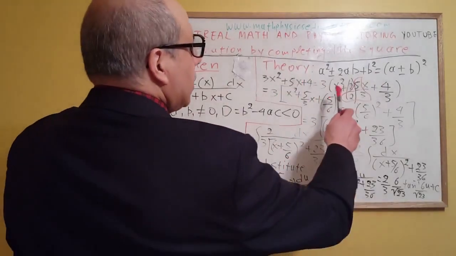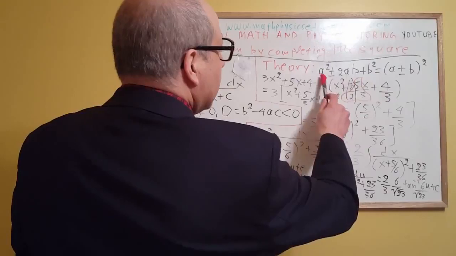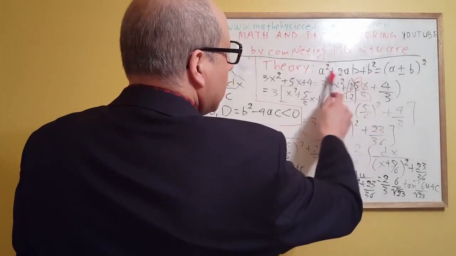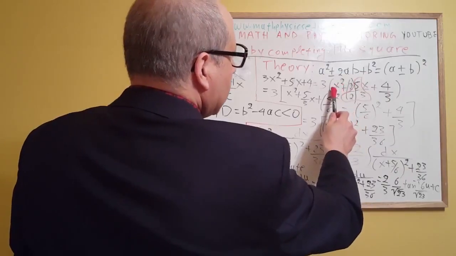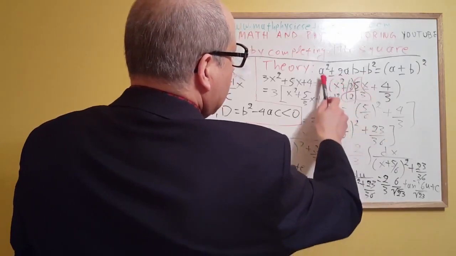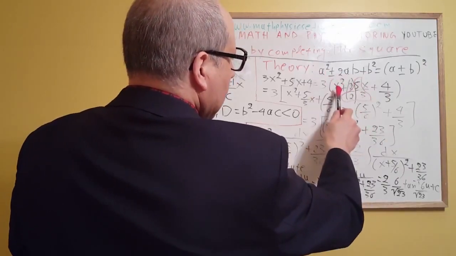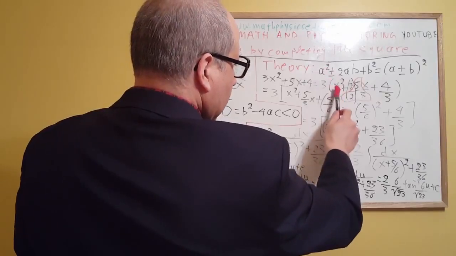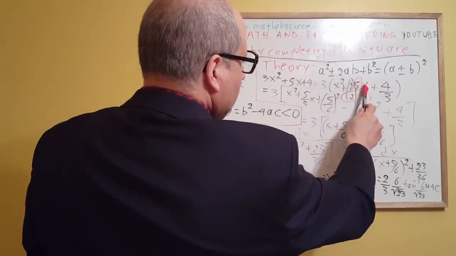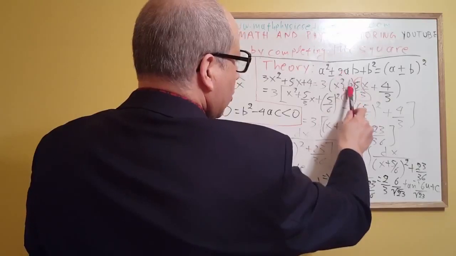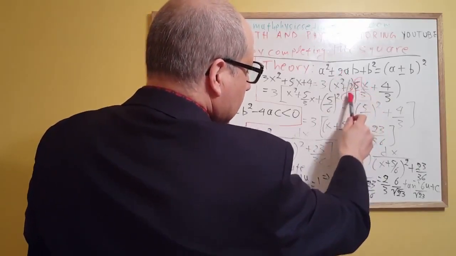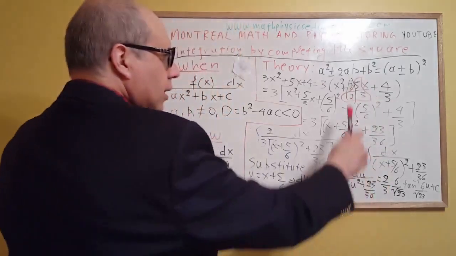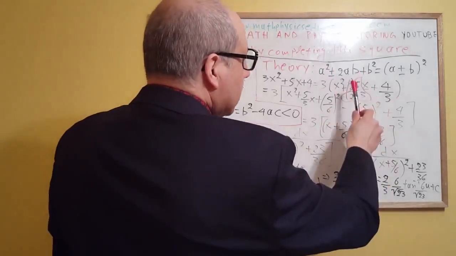So if you compare the left hand side of the identity with what we have here, you can see that your a is x. So x is here. Now this is your 2, this is your x. So what is left is this here, inside the red figure.